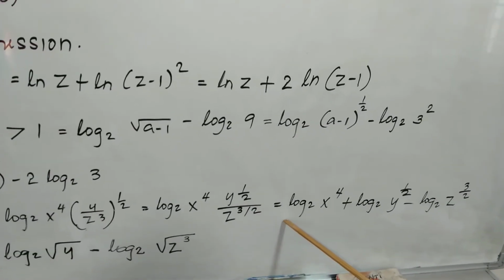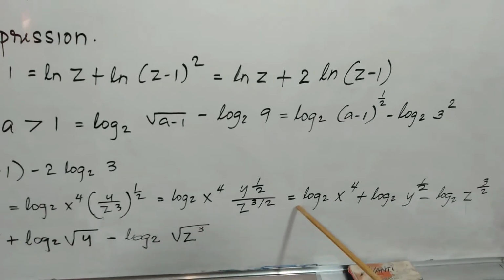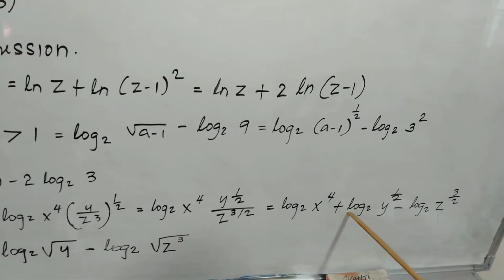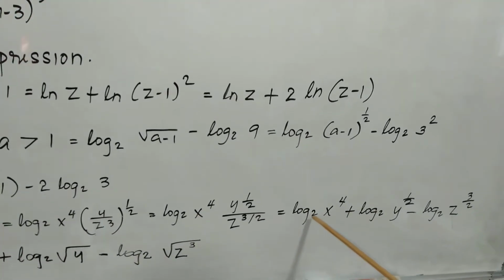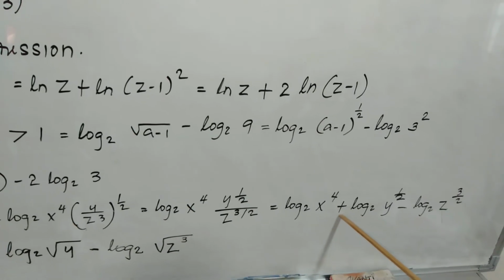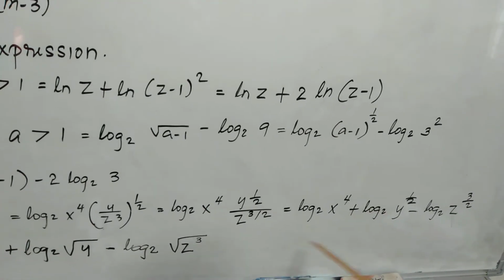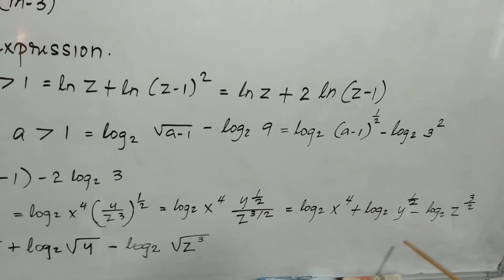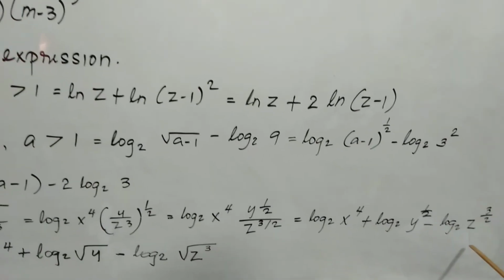The product becomes a sum of logarithms: logarithm base 2 of x to the 4th plus logarithm base 2 of y to the 1/2 minus the denominator, logarithm base 2 of z raised to 3 over 2.